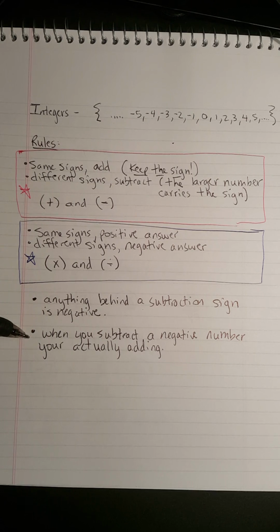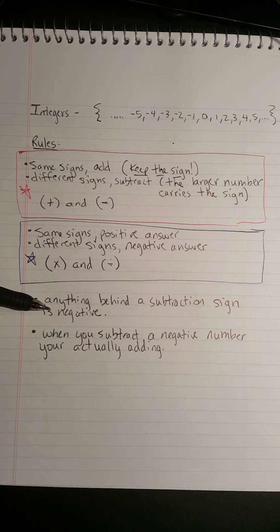A couple of things to keep in mind here. Anything behind a subtraction sign is considered a negative number. We'll go through some examples of that in my next video when I do some practice problems. This applies more to add and subtract, but things can be behind negative signs for multiply and divide as well, so when we get to practice, you'll see what that means.